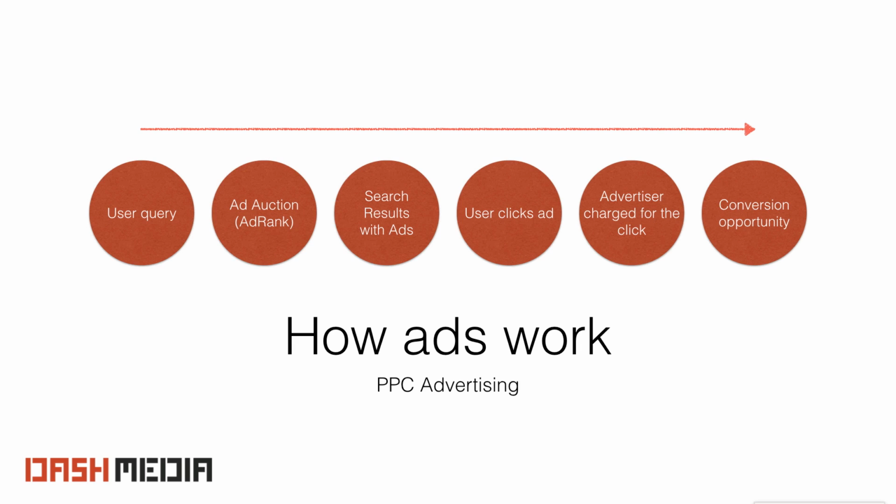So the user's typed in a query, and Google has run its ad auction, and it decides which ads are going to be placed on that results page. And so the user very quickly, all this happens in under a second usually, is displayed with a list of search results that match that query, that Google thinks best matches that query. And on that page, there are predetermined spots for adverts.